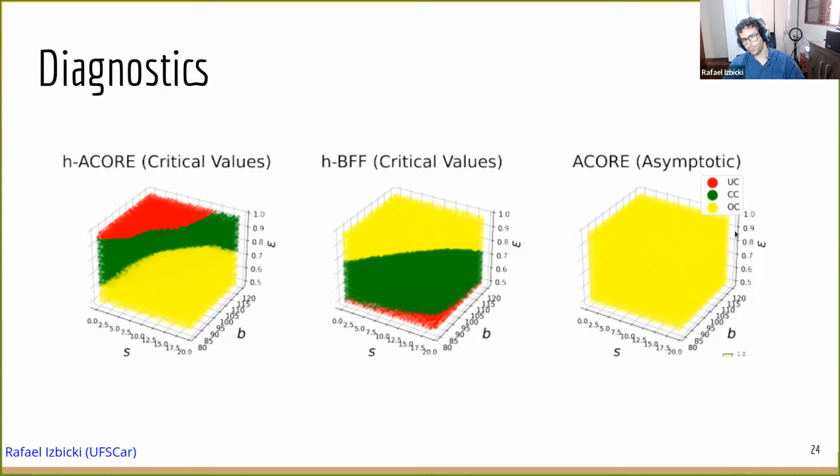So if I had to choose between these 3 methods, again, I would choose BFF, especially if I think that my true parameter value lies in this region here. Unless there's a really high probability, I think, in a Bayesian sense, that my parameter value is close to these edges, I would stick to BFF. So that's one thing, which is the insight we get by applying our diagnostics to these approaches.